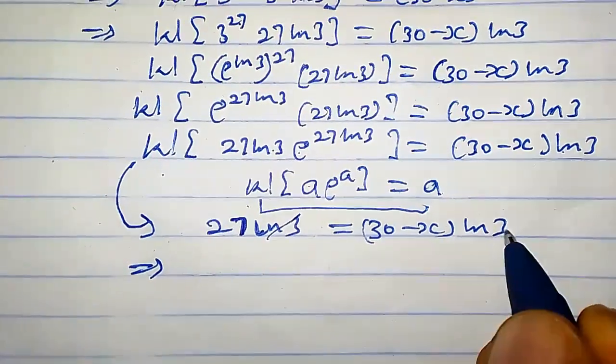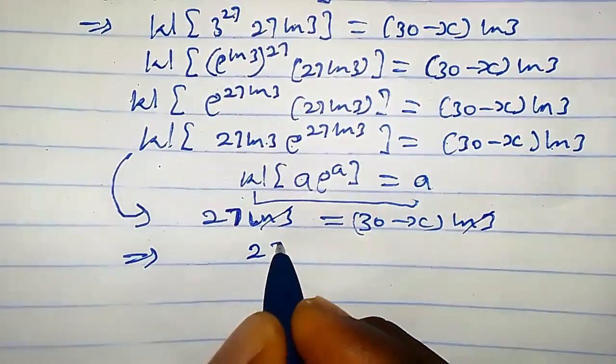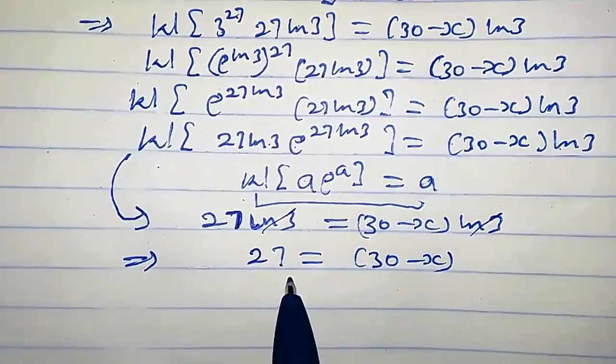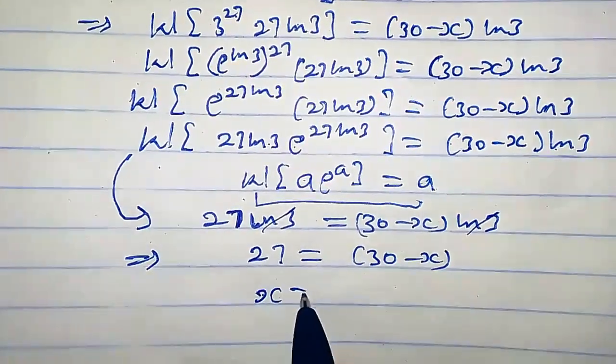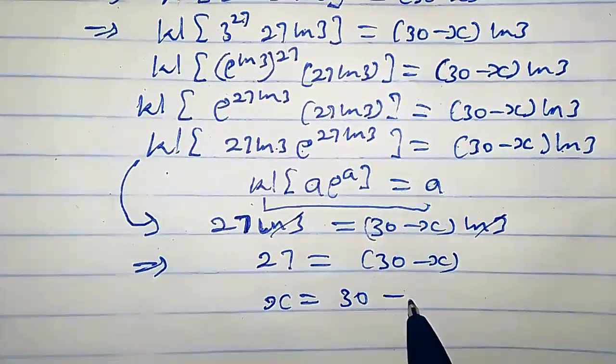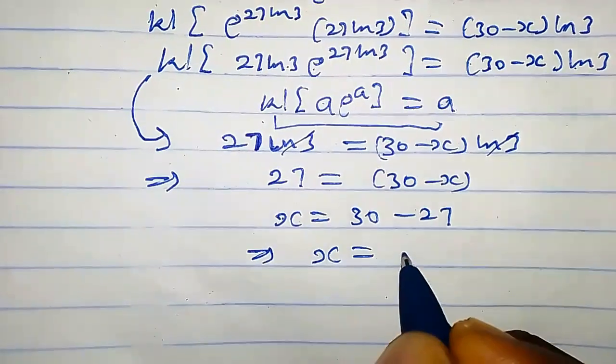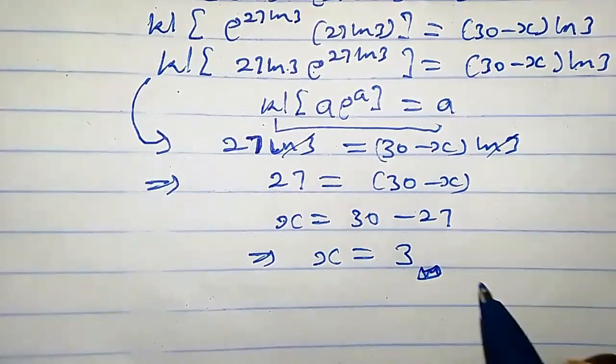Obviously, ln 3 cancels ln 3. So we are left with 27 equals 30 minus x, which can be written as x equals 30 minus 27. This implies that x equals 3, which is the required solution.